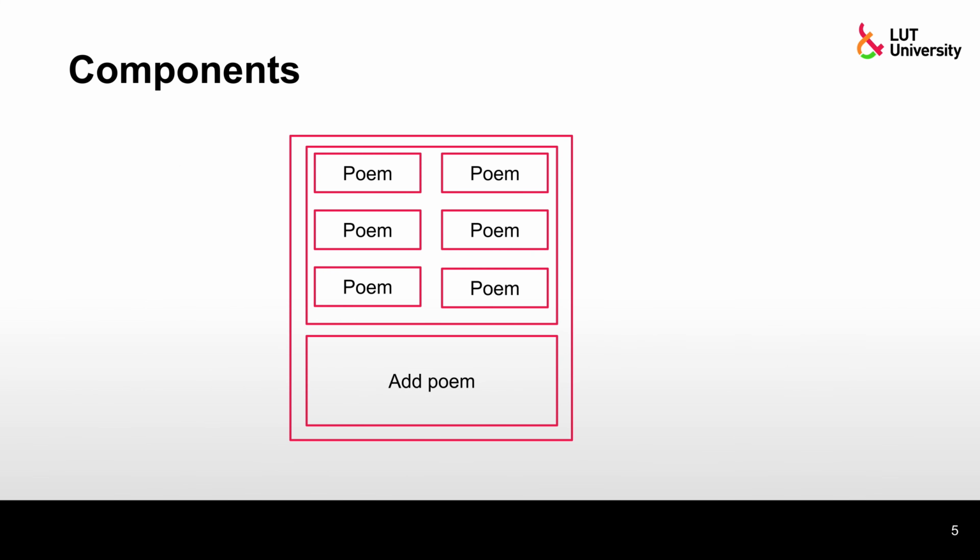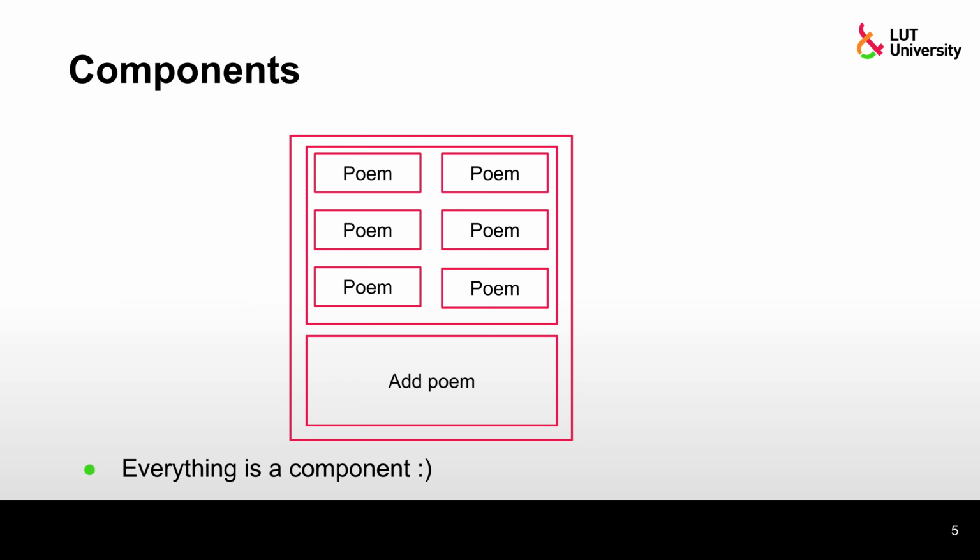About these components, we have been building this Poem toilet wall application. If we built it with React, we would have several components. For example, every poem could be one component, and they would be inside a poems component that would be before the add poem component, and all these components would be inside the root app component.